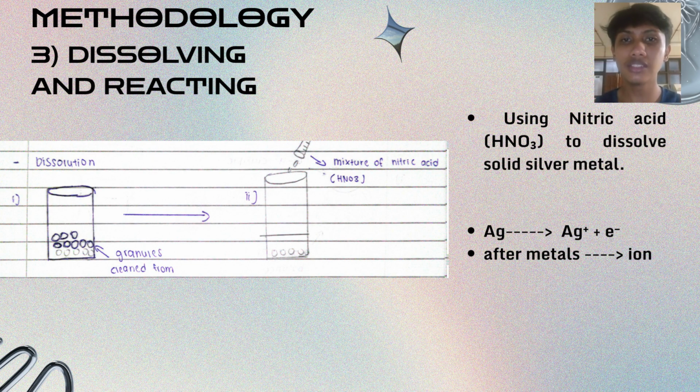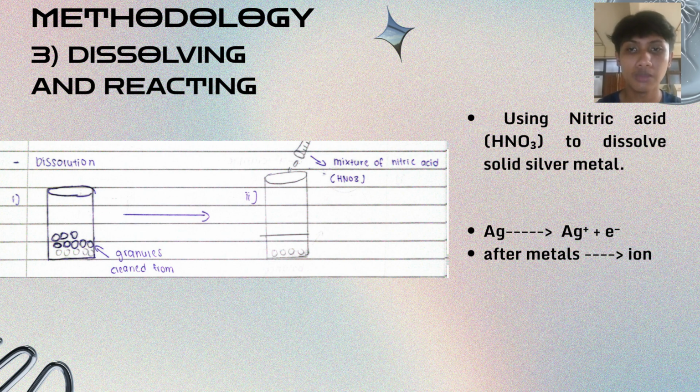Next, the clean silver granules were dissolved using nitric acid, HNO3. In this reaction, solid silver is oxidized into silver ions. The oxidation reaction is Ag to Ag+ plus e-.